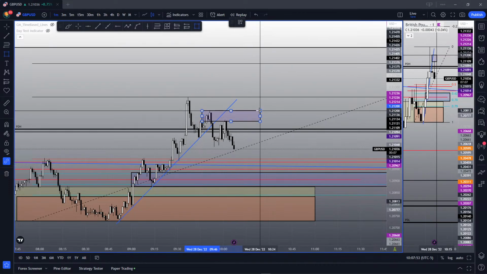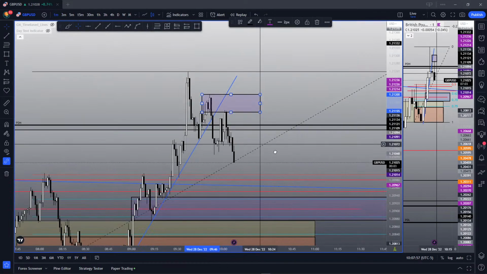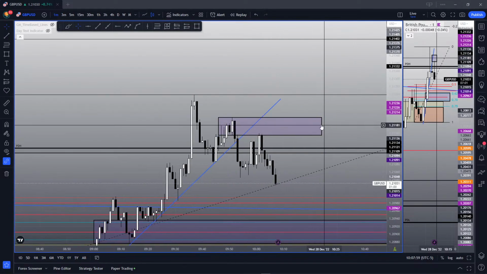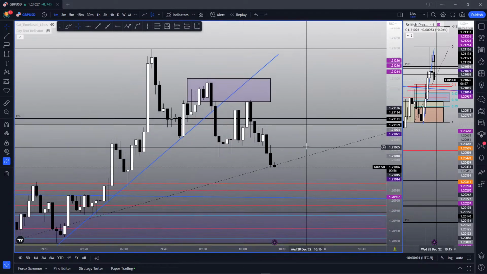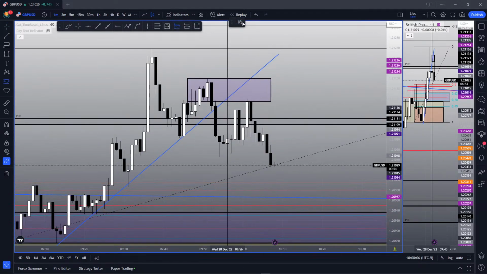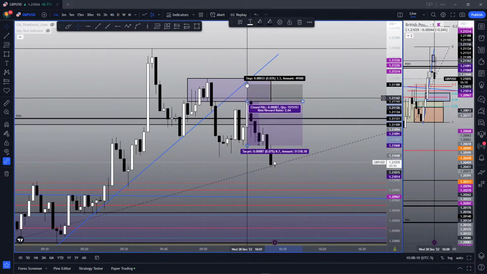This interest zone right here at 1 minute. Always look at 1 minute because you're looking for a better stop loss, and that's in general, I guess. That's like one of the adjustable trades. You can just take one.